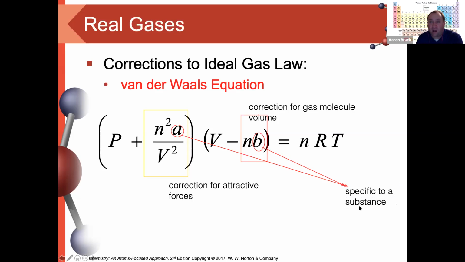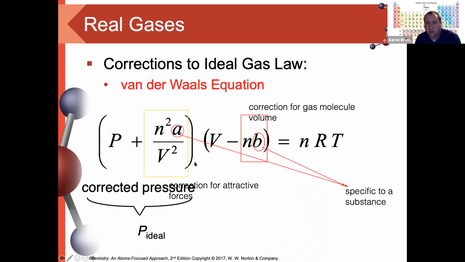So if I'm looking at oxygen gas, oxygen is going to have its own values of A and B. Carbon dioxide is going to have its own values of A and B, and so on. Depending upon how big the molecule is, you're going to get different corrected factors in there as well, depending upon the polarity, the intermolecular forces that exist. You're going to get different attractive forces, different effects there as well.